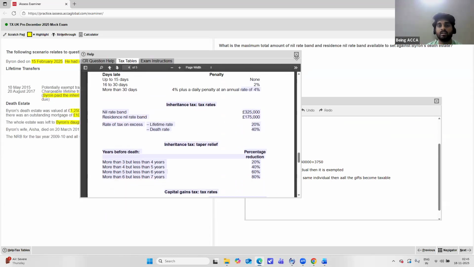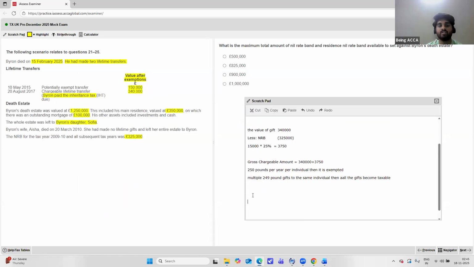So now taking a look at it, first we have our available nil rate band. Available nil rate band is equal to 325,000, because that is the total nil rate band available. We're not talking about deduction of the gifts, because all these gifts were made before 20th August 2017, after which they exceed the 7 year threshold, because they have died after 7 years.